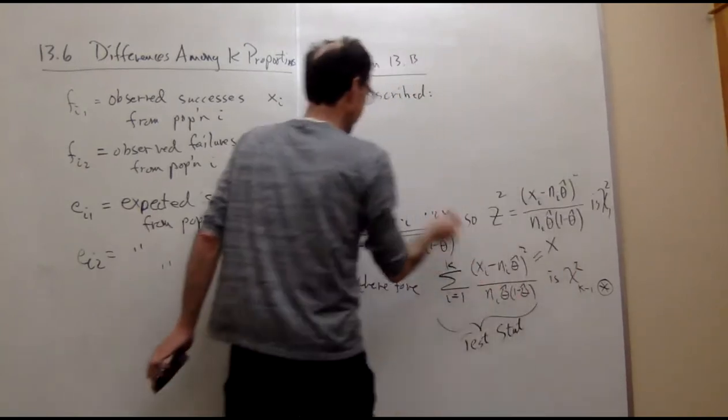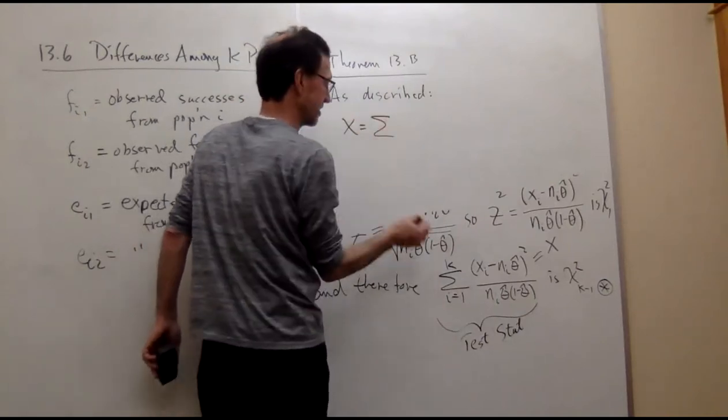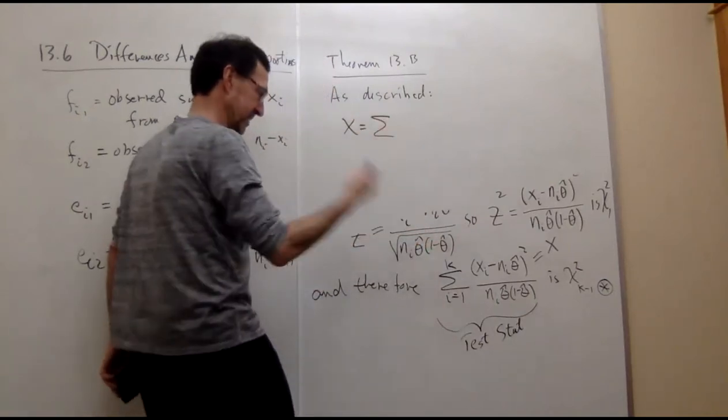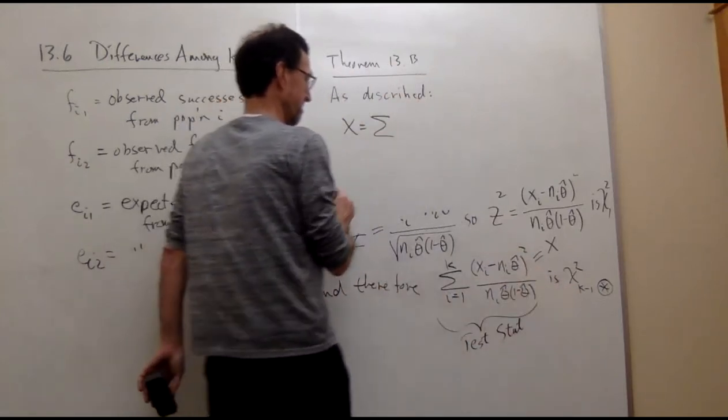In the context of section 6, I can calculate X, our test statistic, which we understand the distribution of, with a little bit of fuzziness about the degrees of freedom.